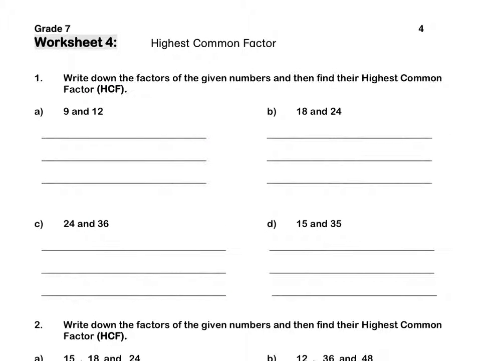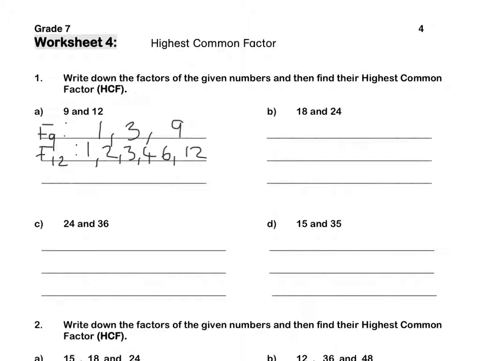Worksheet 4. Write down the factors of the given numbers and then find their highest common factor. Let's do A together. The factors of 9: 1 and 9, and 3 times 3. The factors of 12: 1 and 12, 2 and 6, 3 and 4.